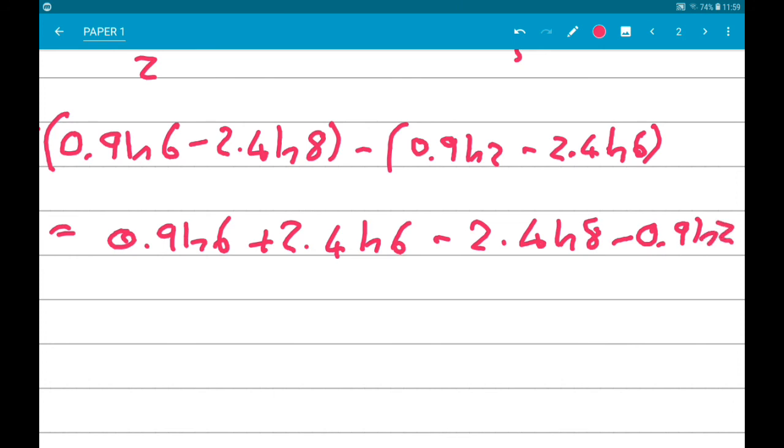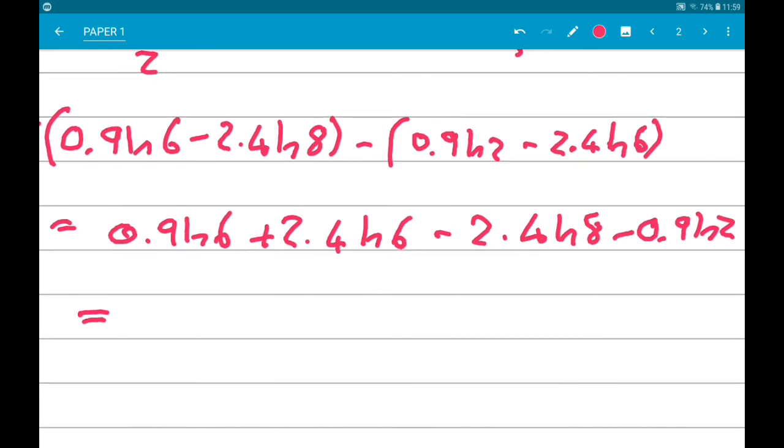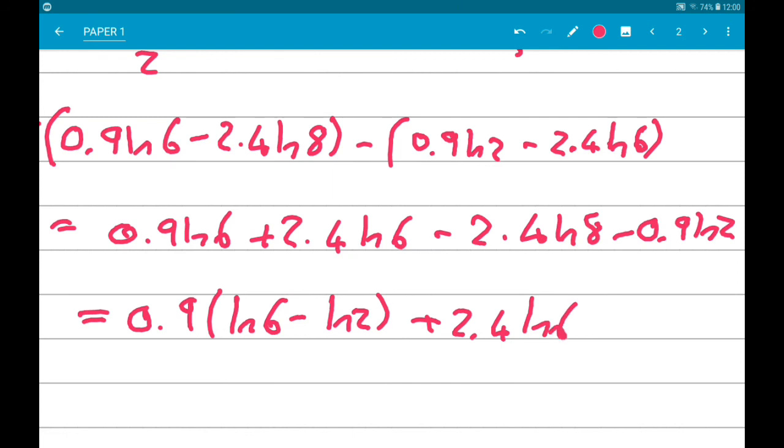Alright, so we can say then that we have 0.9 lots of log 6 minus log 2 and then add 2.4 log 6 minus 2.4 log 8.